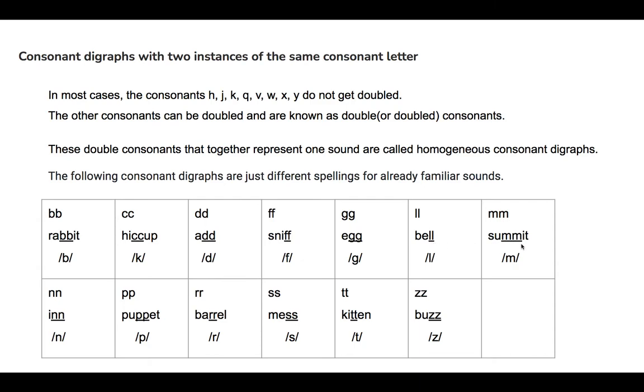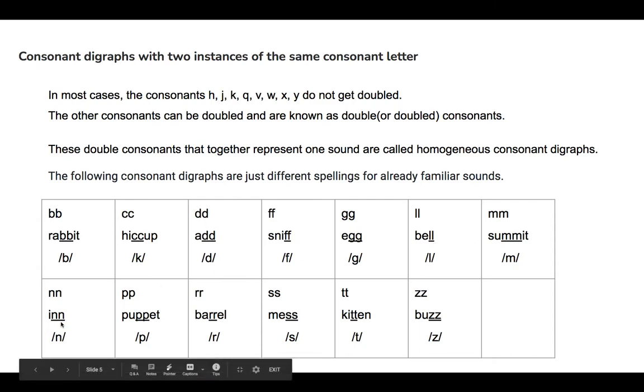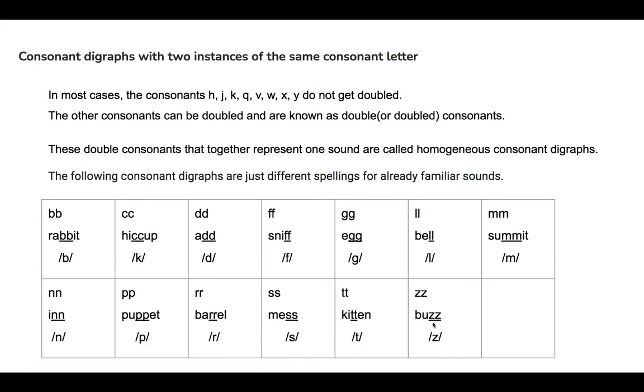M, summit. P, puppet. R, barrel. S, mess. T, kitten. Z, buzz. So you could have noticed that though there are two instances of the same consonant letter, it produces one sound. So it is said to be a digraph.